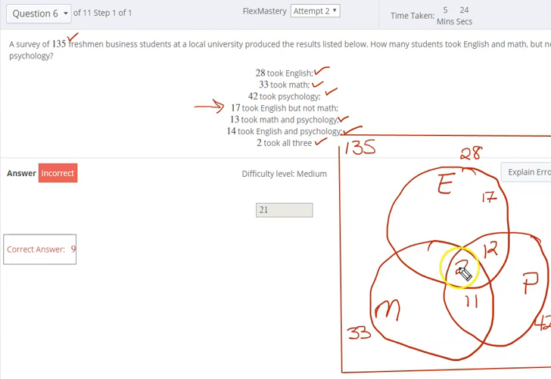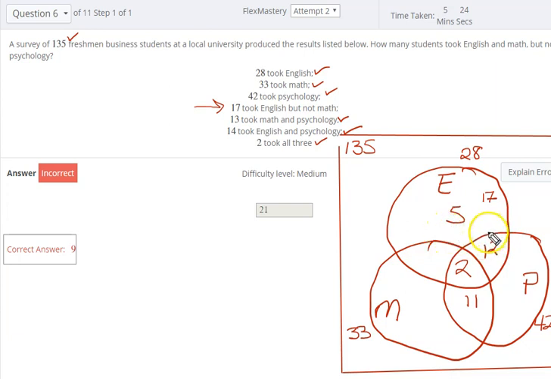But now, these 2 students took math, so we can't count them. But 17 from this 12 here is going to leave what in here, out of this 17, we got 12 here. It's going to leave us with 5.